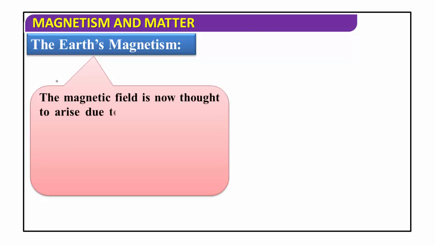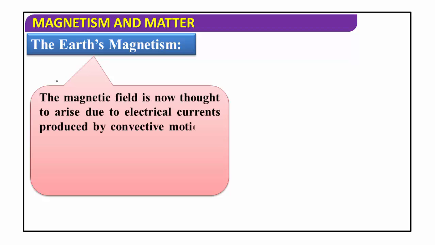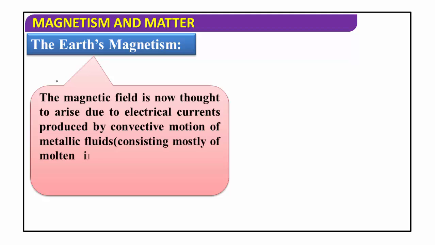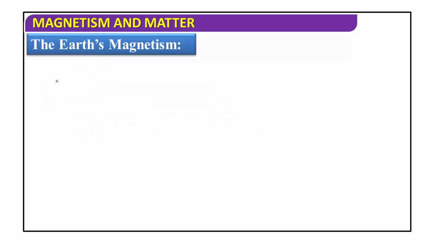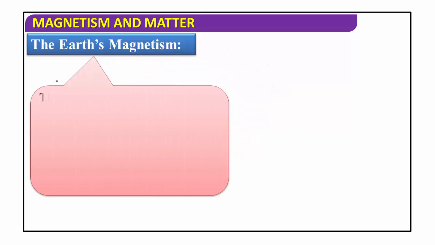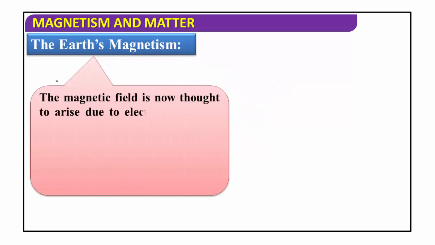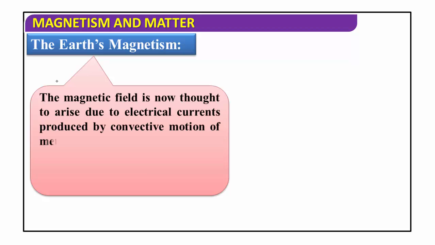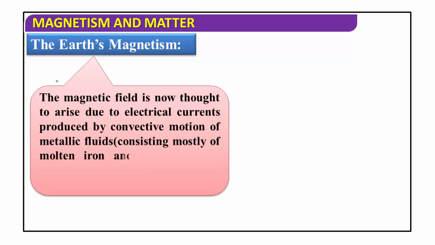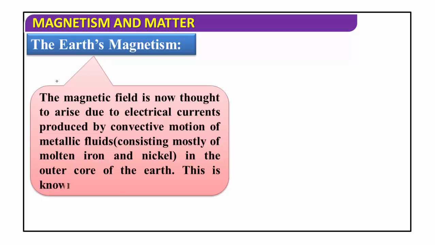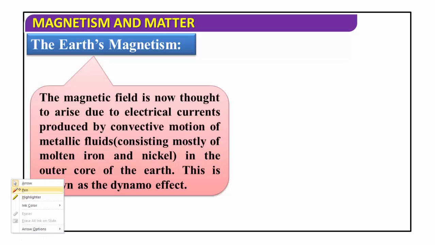The field is now thought to arise due to electric currents produced by convective motion of metallic fluids in the outer core of the earth. This is known as the dynamo effect.